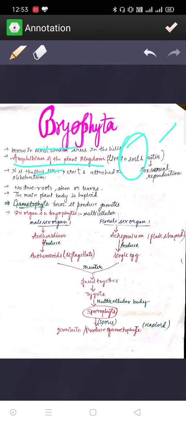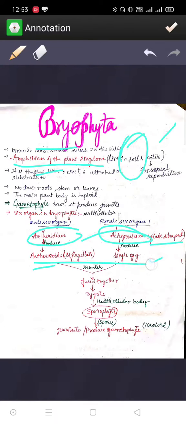The male sex organ of the bryophyte is known as the antheridium, and the female sex organ is called the archegonium, which is flask-shaped. The antheridium produces antherozoids, and the archegonium produces a single cell.